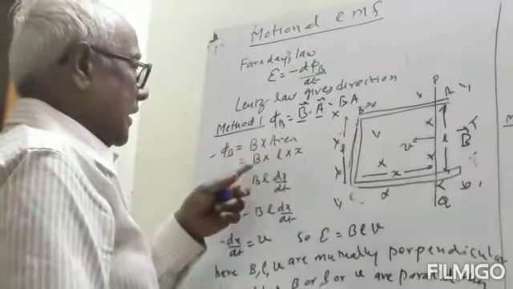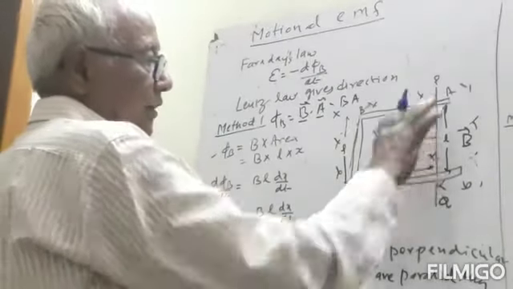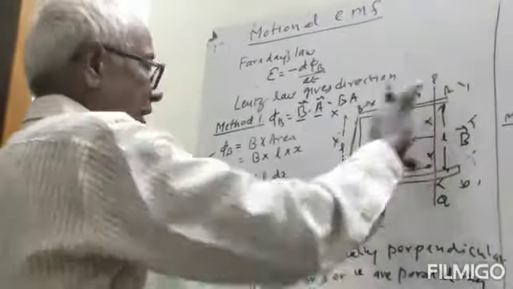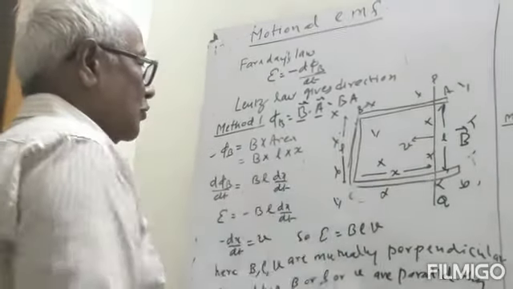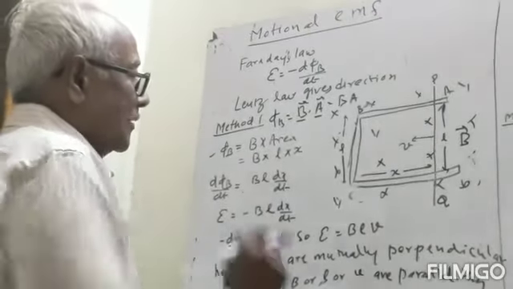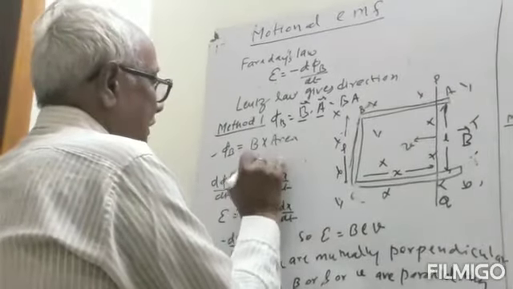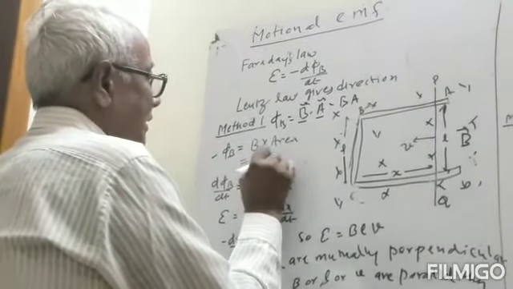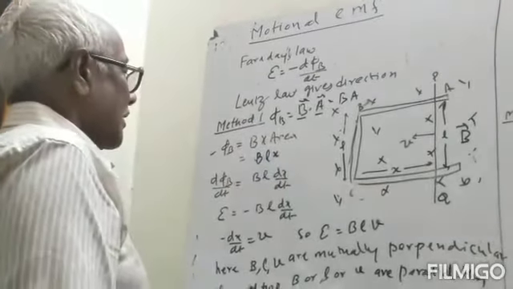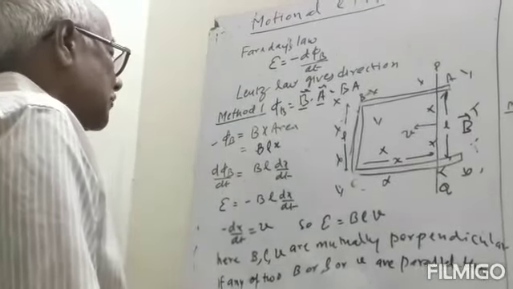Now, what will be the area? Area will be equal to length into breadth. This is the length, this is the breadth. So, this will be equal to B into L into X.